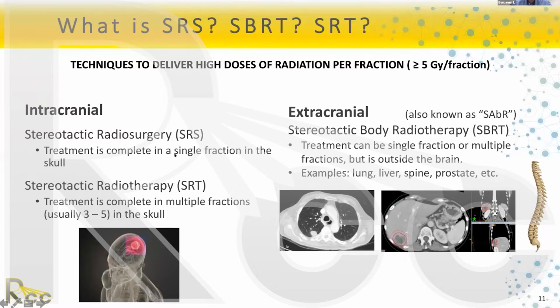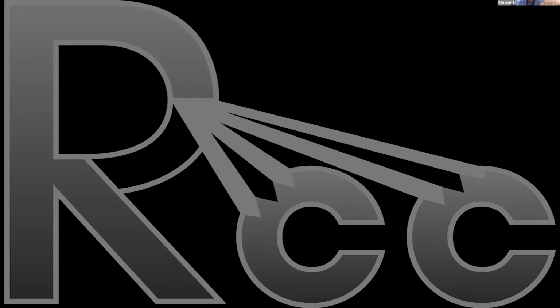SRS stands for stereotactic radiosurgery. This is treatment in the skull in a single fraction. SRT is stereotactic radiotherapy, which is treatment in the skull in multiple fractions, usually 3 fractions or 5 fractions.